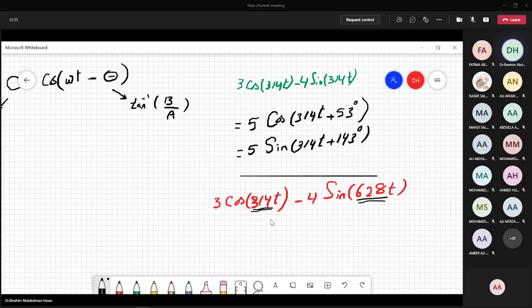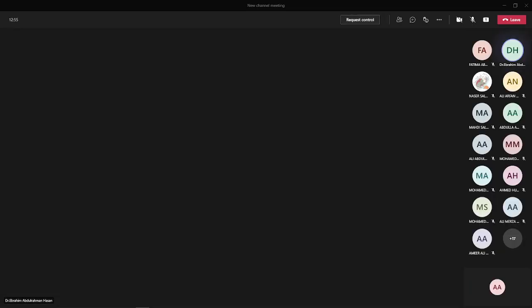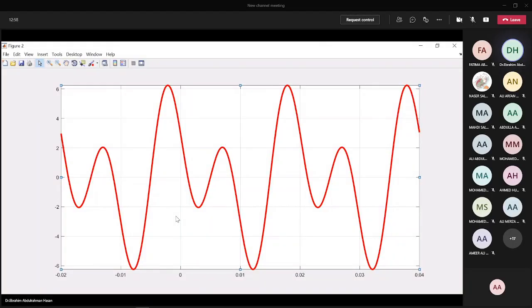So here we have a periodic signal, yes, because this sine plus cosine is a periodic signal, but it is not a pure sinusoid. Notice the plot has changed now. So you will get something like this. We call it a sinusoid with harmonics.